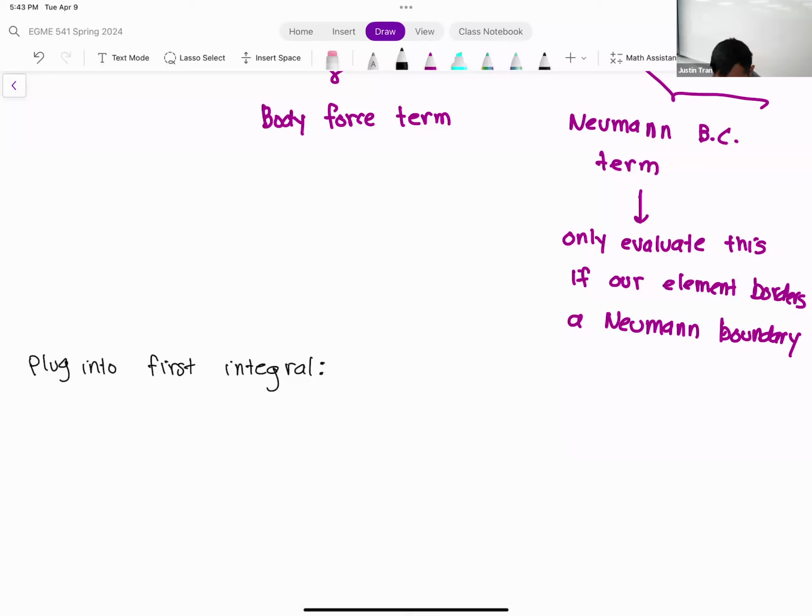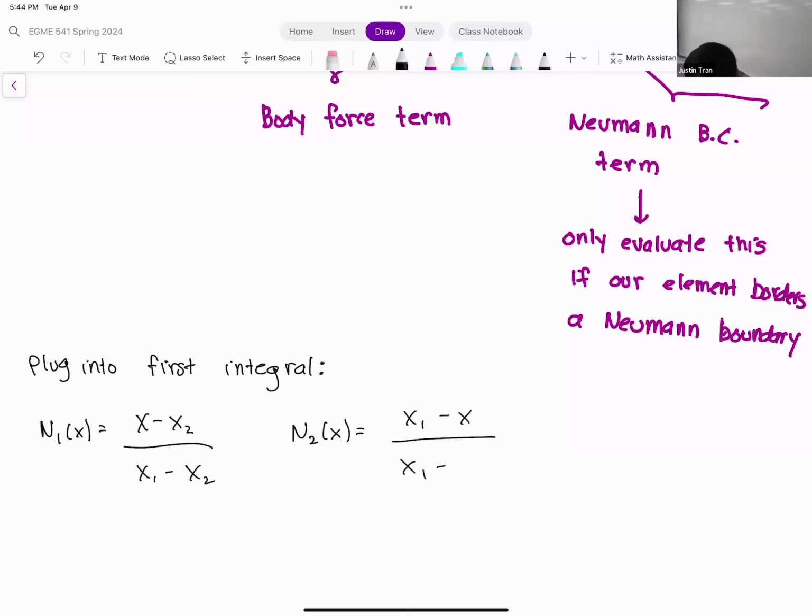First we have the shape function n1 of x, which is equal to x minus x2 divided by x1 minus x2. N2 of x, our second shape function for our linear element, is equal to x1 minus x divided by x1 minus x2.